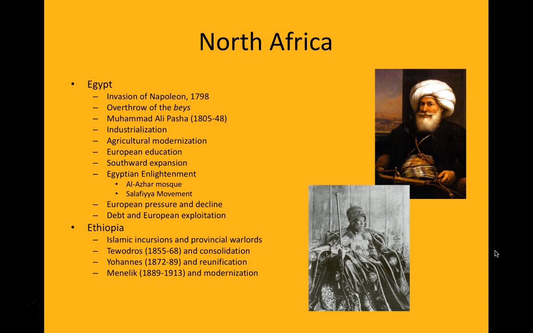And so they invaded Ethiopia in the 1890s, and Menelik was able to use his modernized, industrialized weaponry to defeat the Italians at the Battle of Adwa in 1896. So that's one really good example of the modernization that Ethiopia was able to achieve under Menelik.